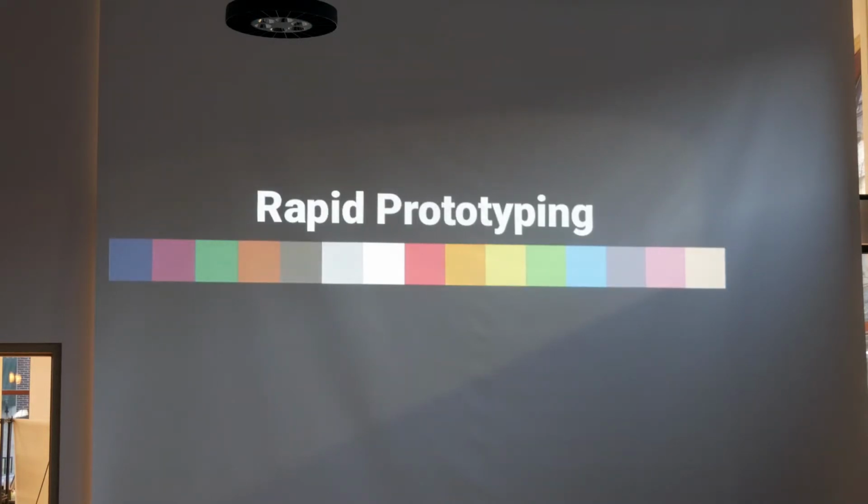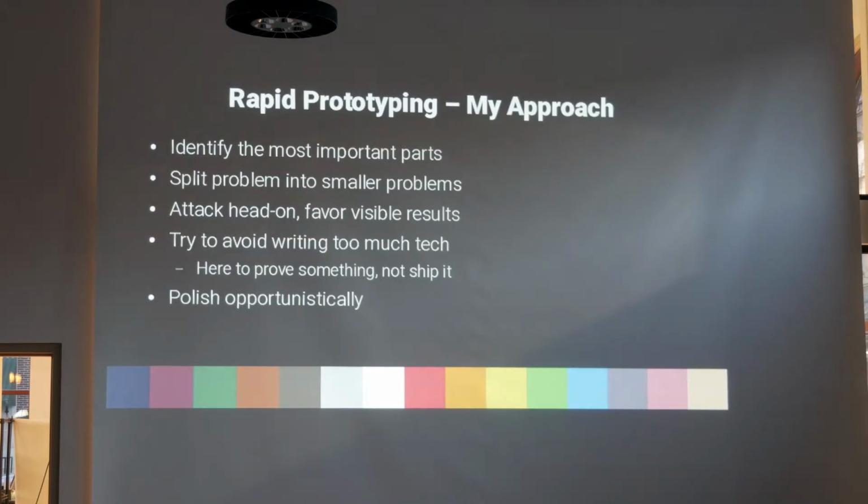All right, so we're going to talk pretty briefly about rapid prototyping. My approach to rapid prototyping is I usually start by identifying the most important parts of the problem that I'm trying to solve, and then start splitting it up into much smaller problems. And I'll start attacking those head on and favoring visible results.